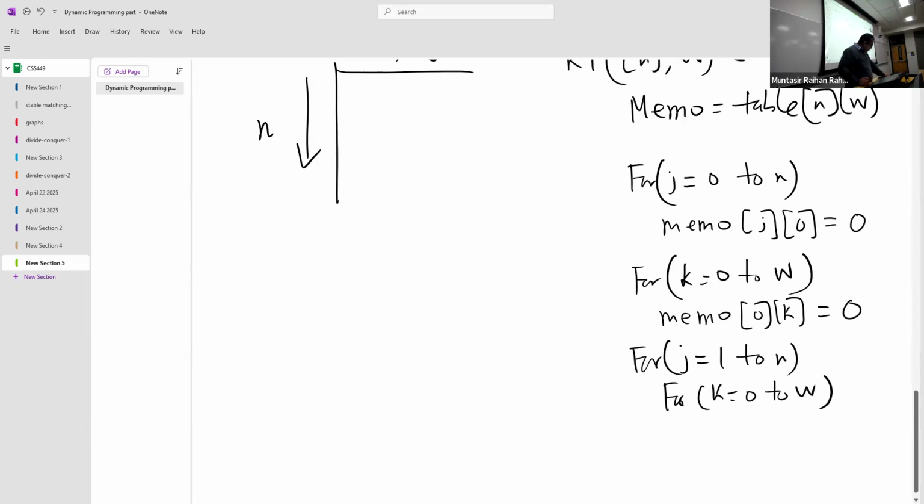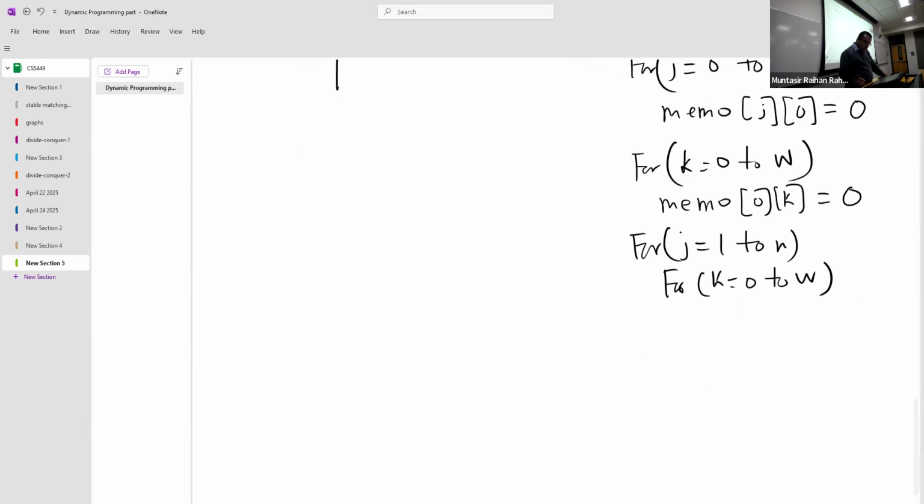Okay, double for loop. And now we have two cases. We are solving for item j with weight k.